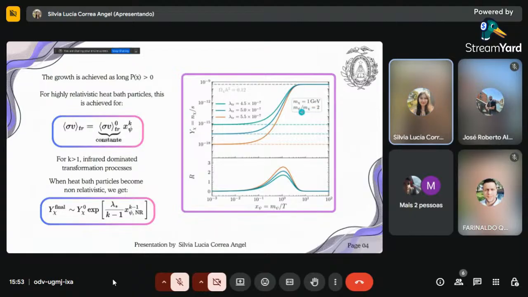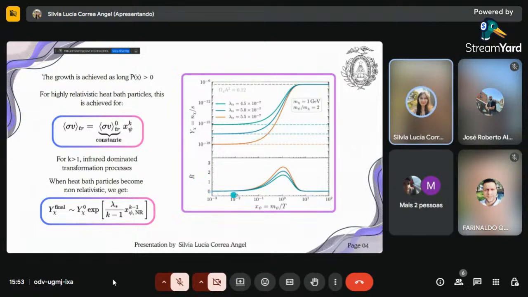Of course, here they are using different couplings in order to see the behavior of the curves, and here they are using the rate of the exponential.